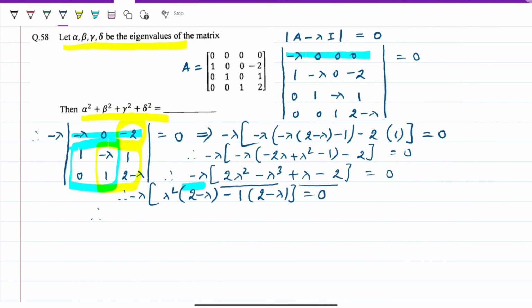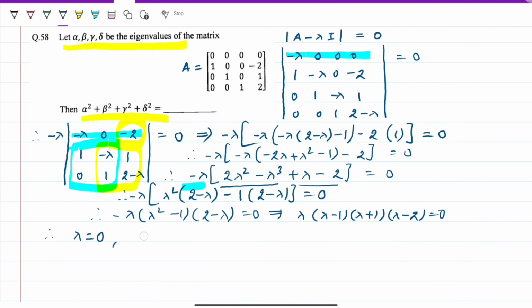And thus it is not difficult to see that this is negative lambda square minus 1 times 2 minus lambda is equal to 0, which is nothing but lambda minus 1, lambda plus 1 and lambda minus 2 equals to 0. Thus we have got the 4 eigenvalues as lambda is 0, lambda as 1, lambda as negative 1 and lambda as 2.